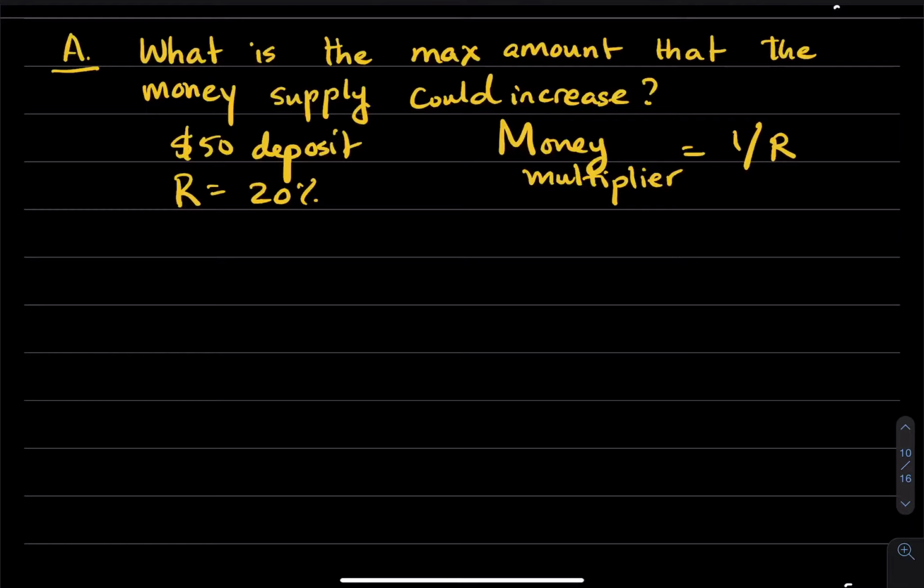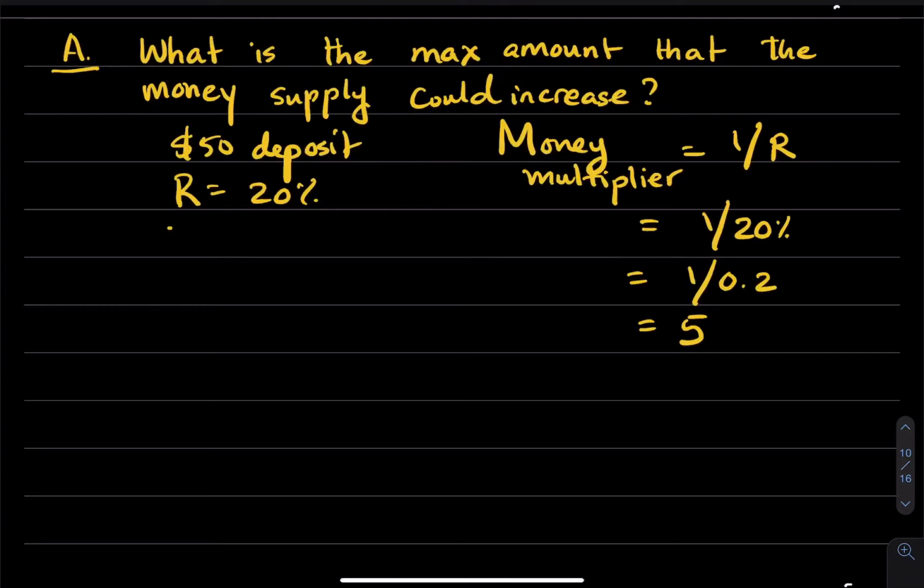So in other words, the money multiplier equals 1 over 20%, or 1 over 0.2, which is 5.